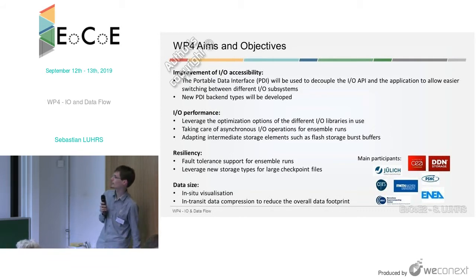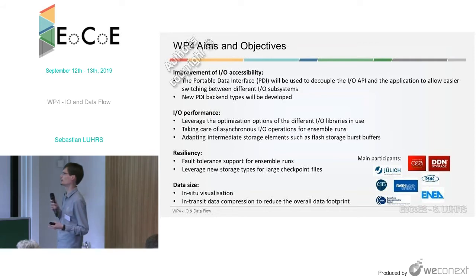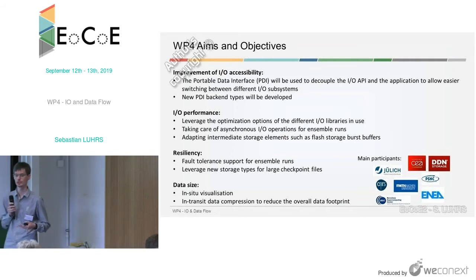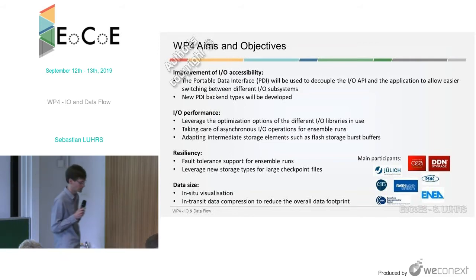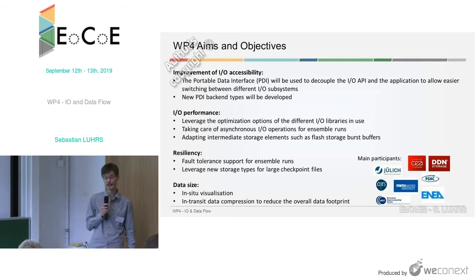And finally, adapting intermediate storage elements, because types such as flash storage become more and more popular, especially for an exascale system, where new types of storage elements become relevant to have the capabilities to run I/O on such a large system.